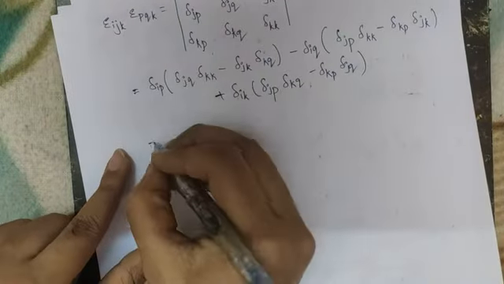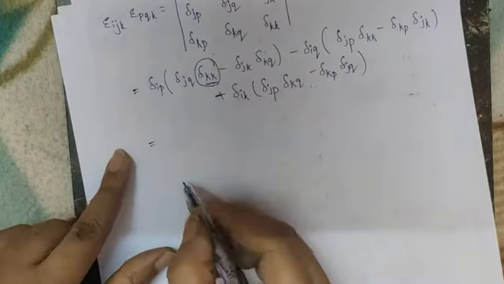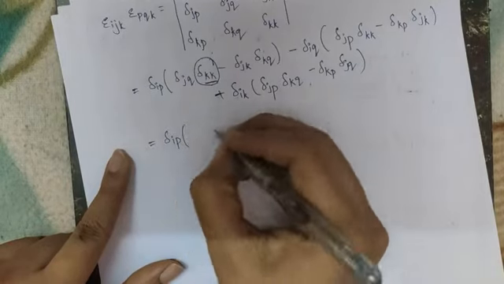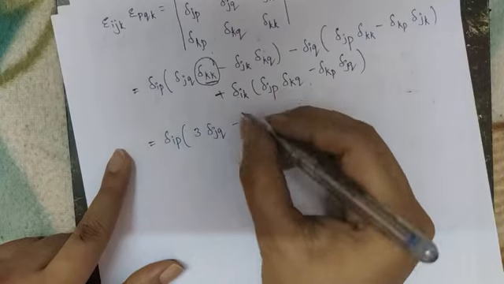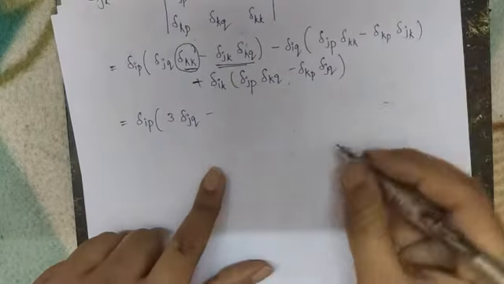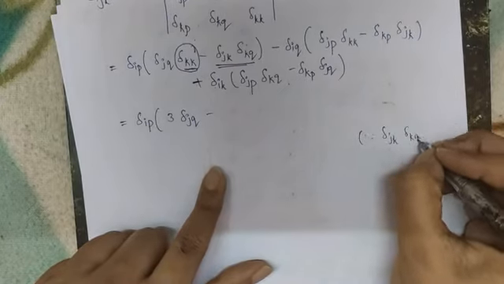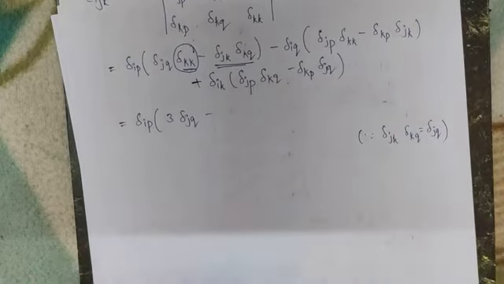So now what is the value of delta kk? Since we have dummy suffixes, the value of delta kk is 3. So delta ip into 3 into delta jq minus, I will use the substitution property here. We have delta jk delta kq is equal to delta jq. We have seen this in the substitution property, you can remember that.